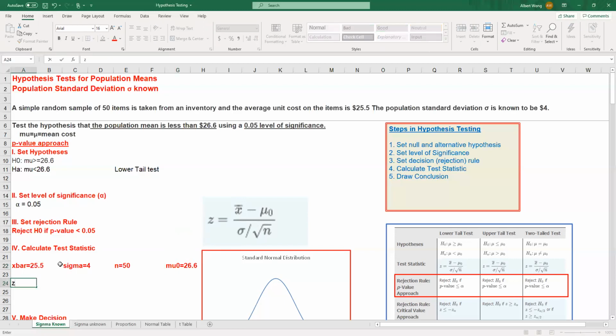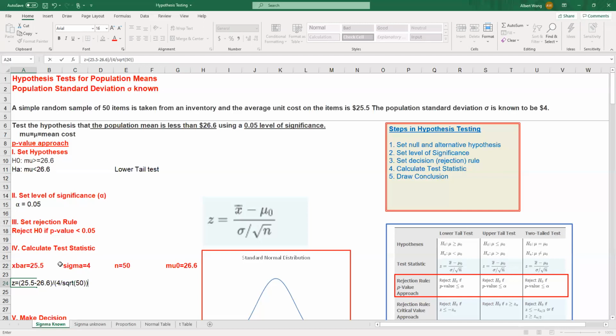So we say Z is equal to 25.5, this is what we see from the data, minus what we want to test, 26.6, and then taking into account the variability, which is 4 divided by square root of n, where n is 50.